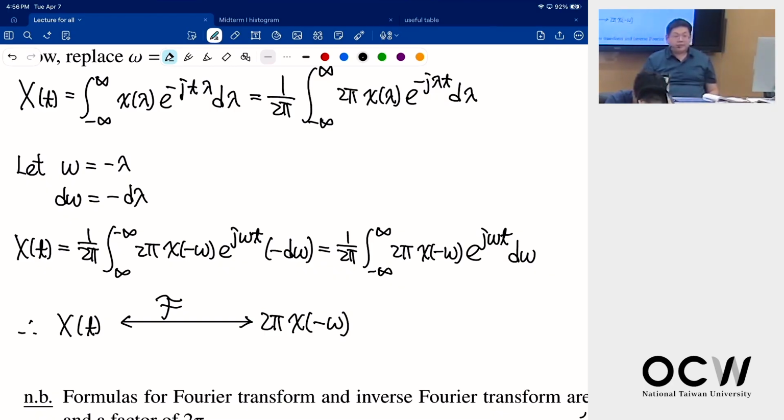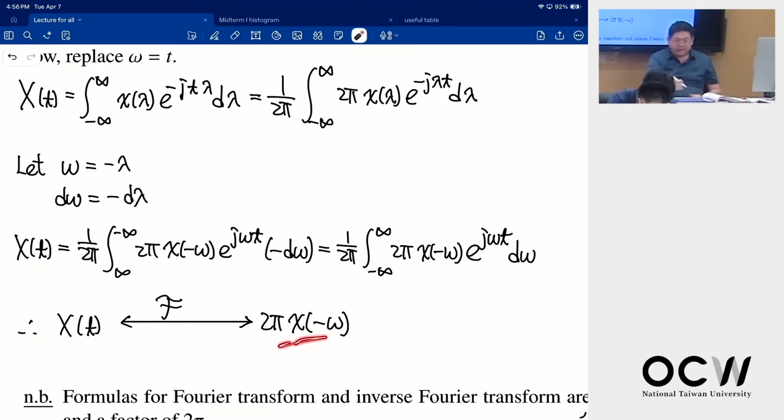So now you can see that if I have a signal in time domain, I take the Fourier transform, then I have capital X of omega. Then I take the Fourier transform again, and I go back to the time function, but it's still in frequency domain, because every time you take the Fourier transform, that is in frequency domain.